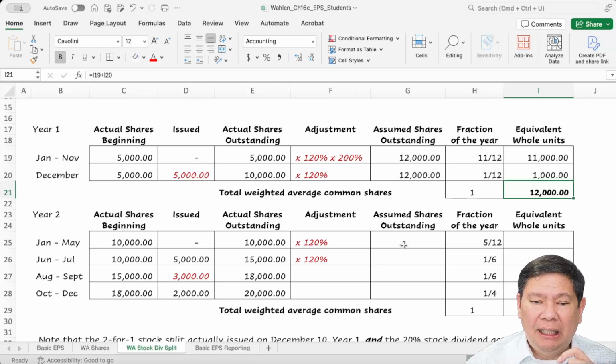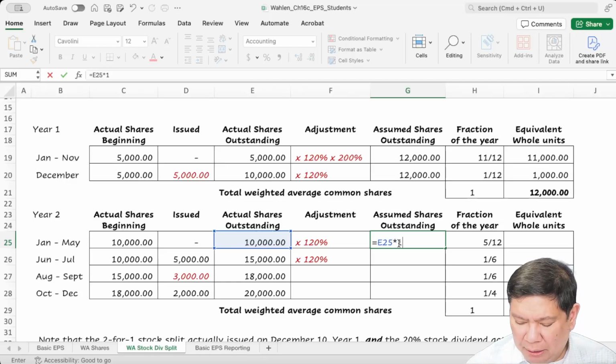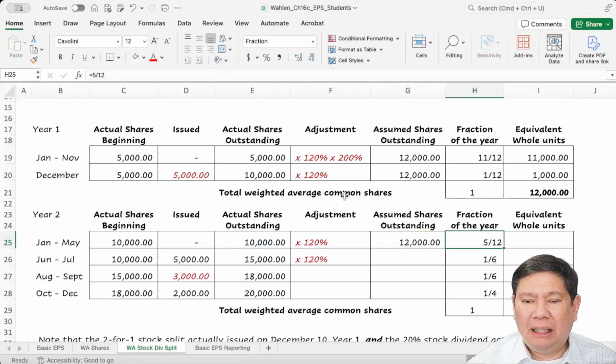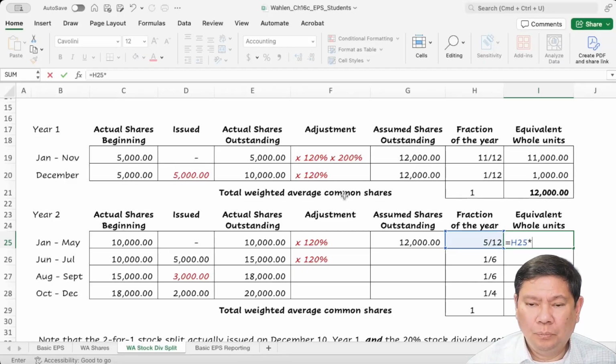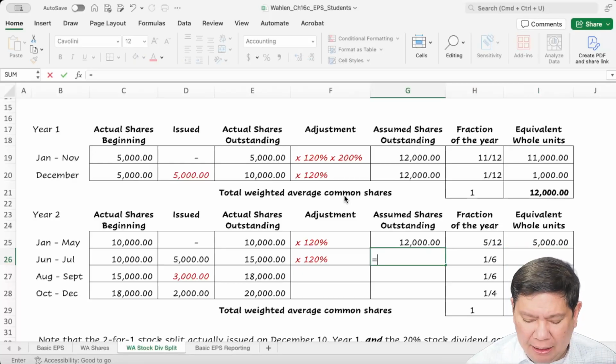Now let's move to year 2. For the period of January through May, we multiply 10,000 shares times 1.2, which is 12,000. That's for 5 months, so 5,000 equivalent. And then for the period of June and July, we multiply 15,000 shares times 1.2.